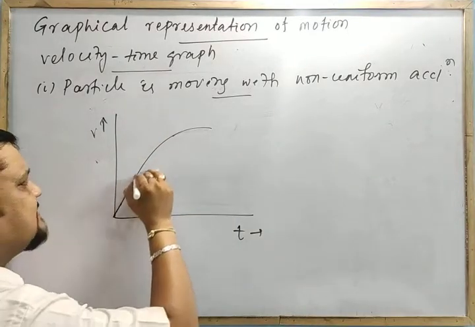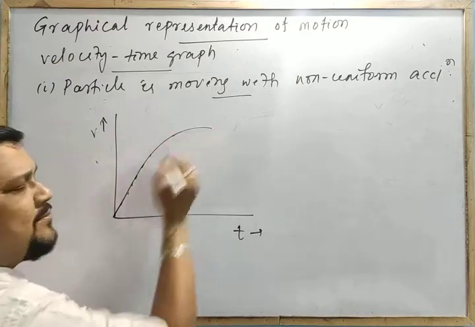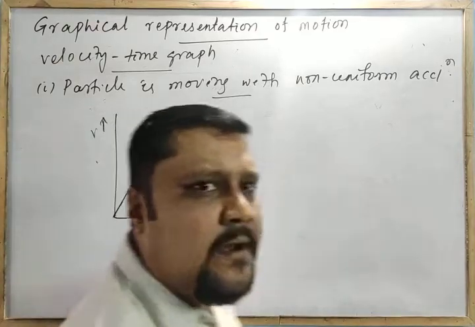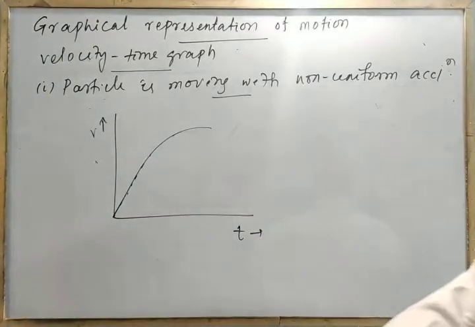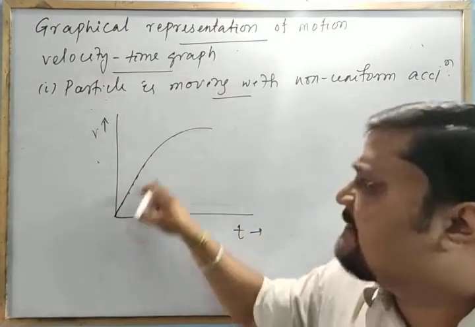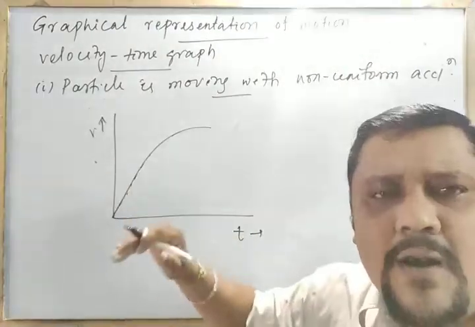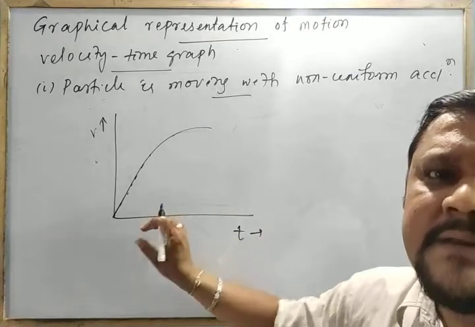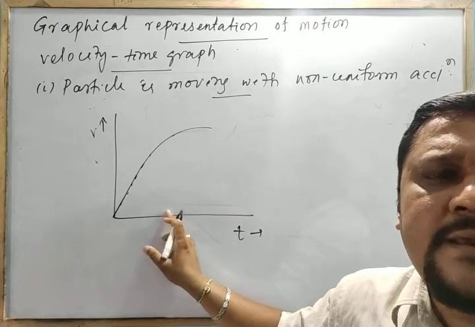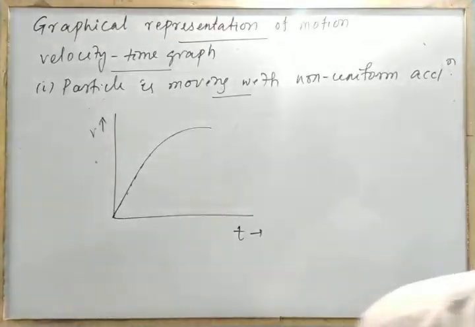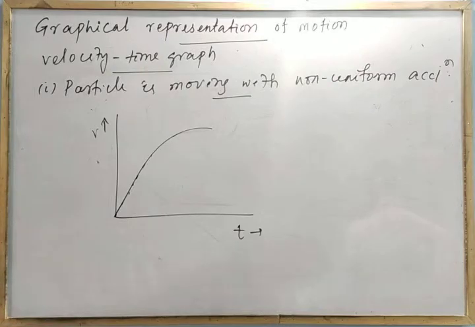It does not increase proportionally, then it is a curve. So it is a non-uniform acceleration. In equal intervals of time, the velocity is not changing by equal amounts, or it is changing by non-equal amounts.